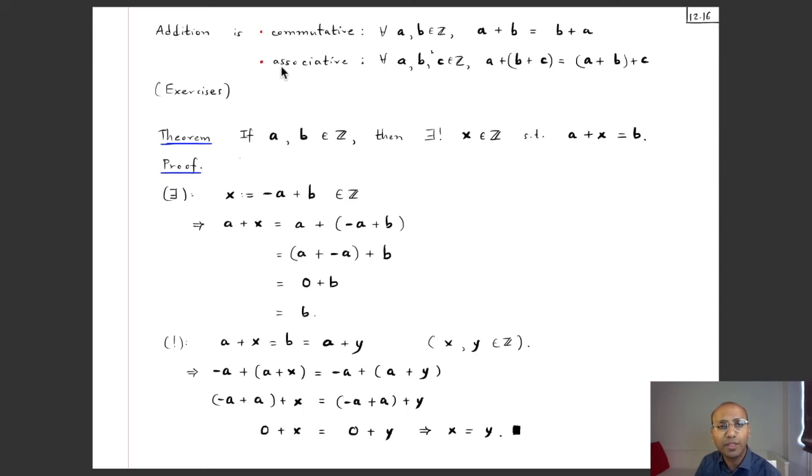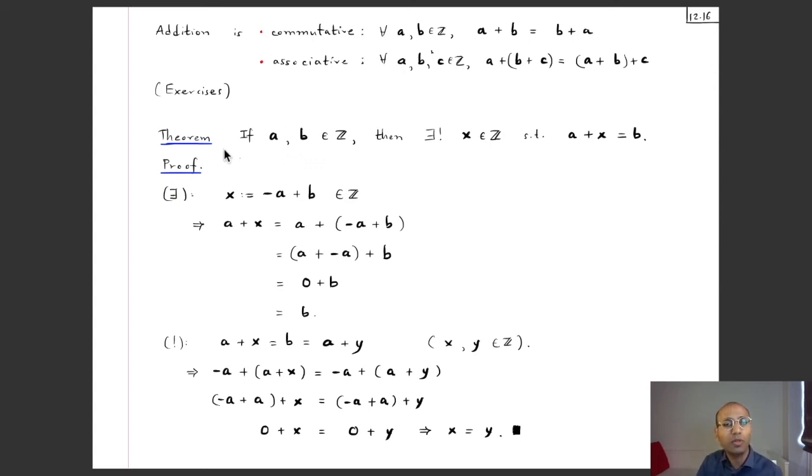And addition is also associative, which means that for every a, b and c, which are integers, a plus b plus c is the same as a plus b plus c. So I first do b plus c, I get an integer, and then if I add it to a, the answer is the same as if I first add the integers a plus b, I get an integer, and that I add to c. Okay, so this you will see in the exercises.